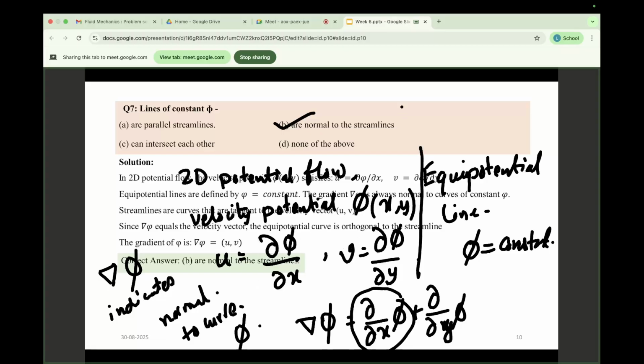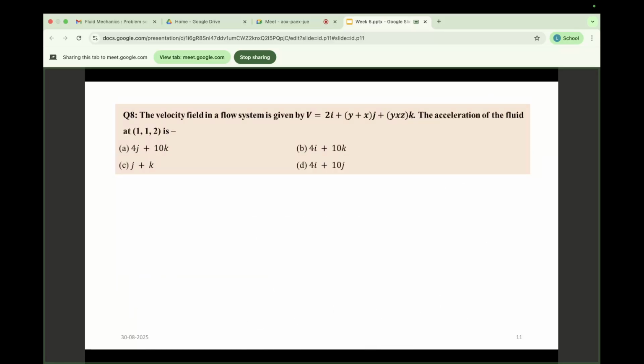So if someone asks you to write the velocity vector, remember that it's a function of u and v. U depends on the velocity potential; accordingly, we take the derivative to get u, and similarly for v. Please apply this concept. Maybe it is required here or maybe not, so you just check. I am giving you 1 more minute to solve this one.